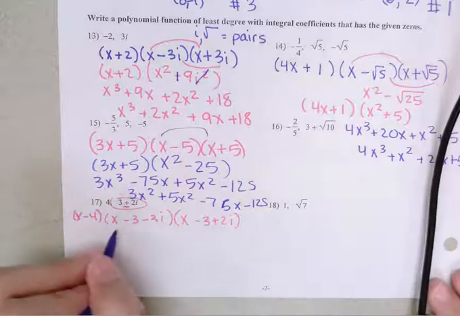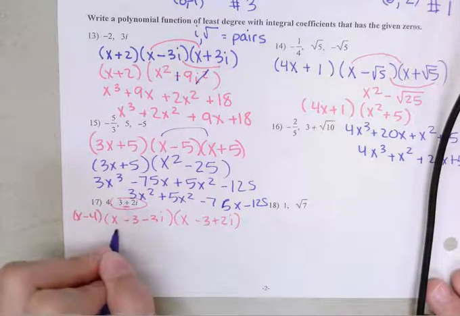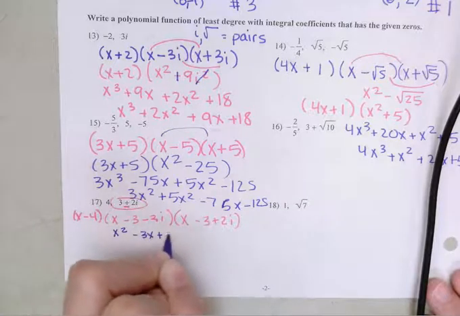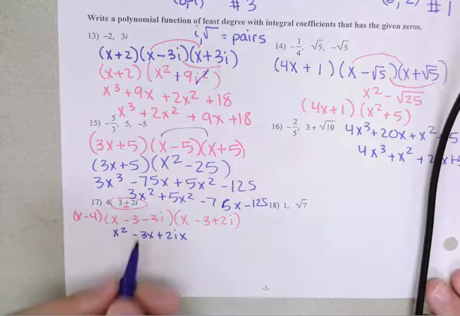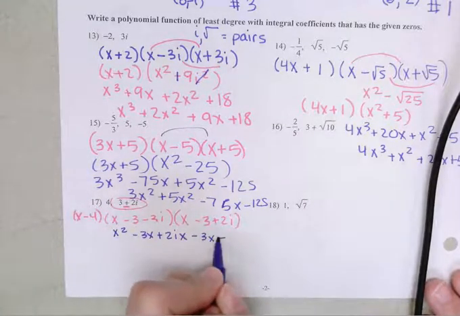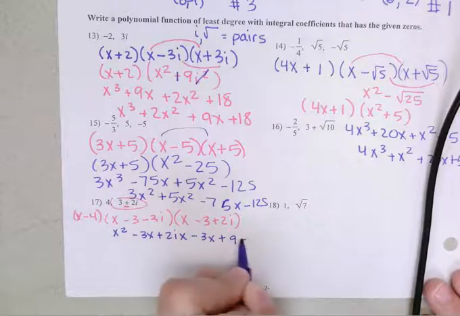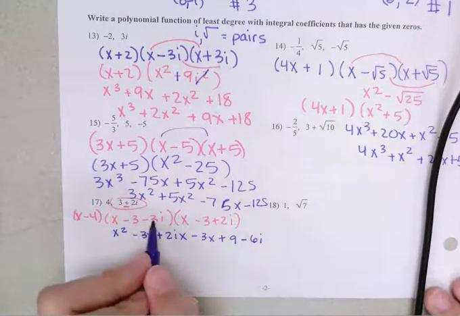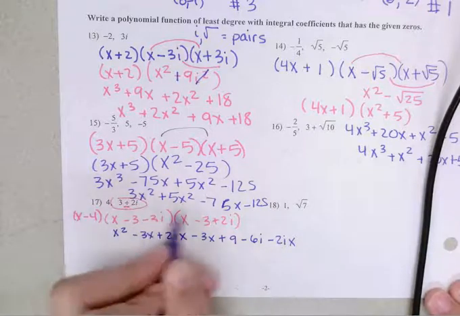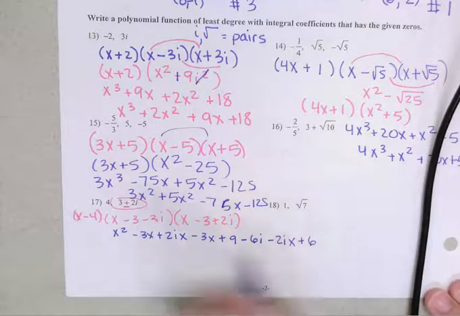Sadly, there's no shortcut. So x times x is x squared, then negative 3x, then 2ix, then multiply with the negative 3, so negative 3x, positive 9, and negative 6i. Multiply with the negative 2, so negative 2ix, and positive 6i.